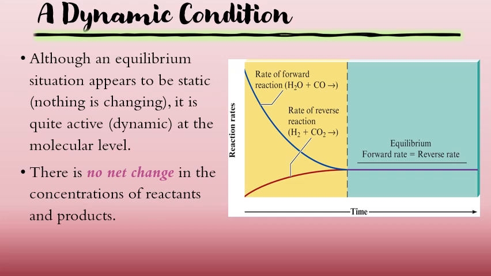Here we would have water and carbon monoxide forming hydrogen gas and carbon dioxide. This is kind of like a single replacement, I guess. You can see on that blue line, that's the forward reaction that starts to occur. Once that starts to occur and we start to build up some products, those products are going to start to go in the backwards direction and we'll get the reverse reaction occurring.